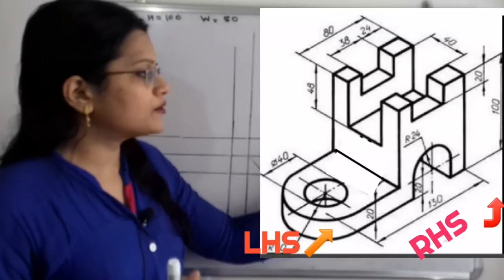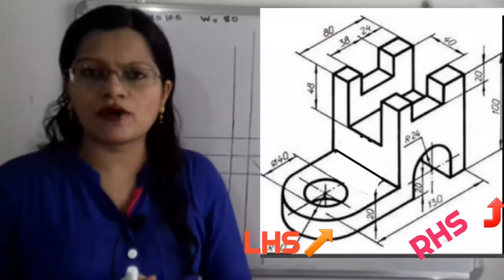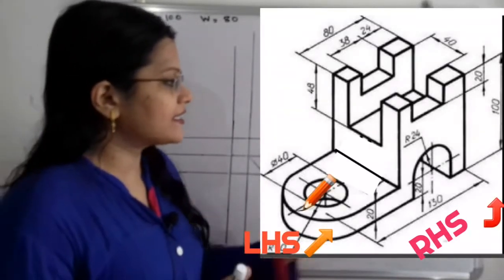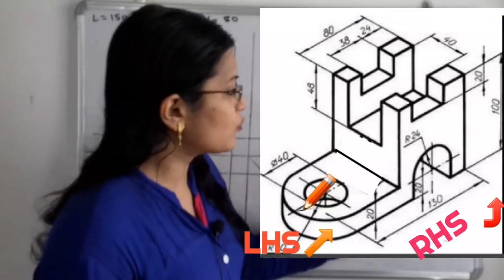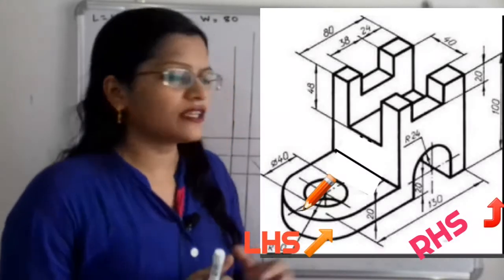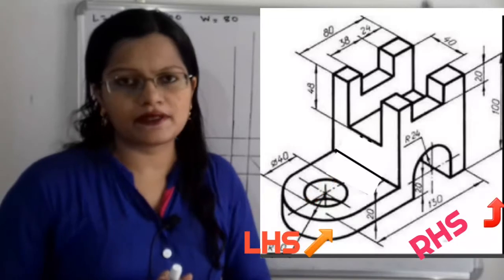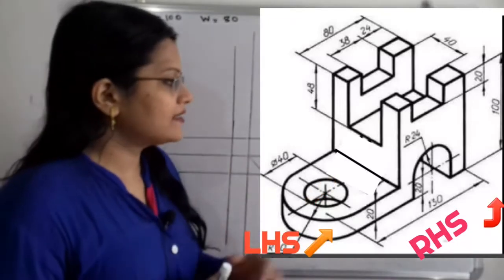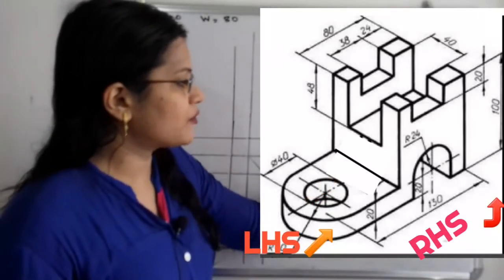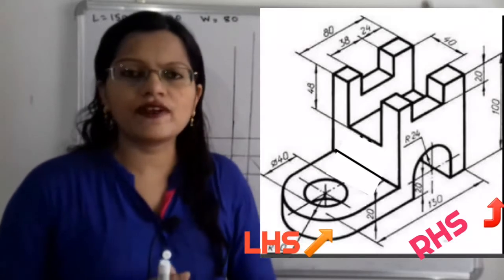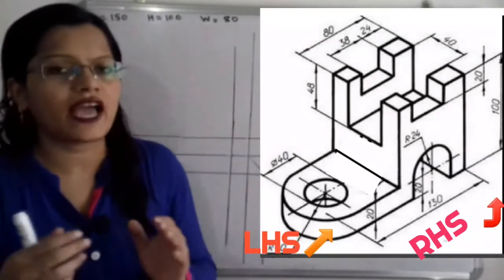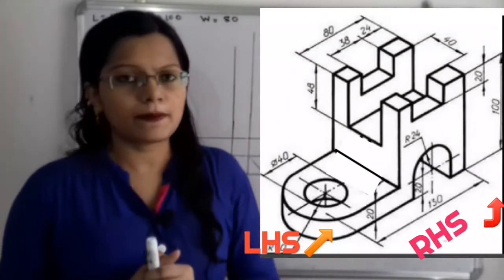If we observe this object, the right hand side has a length of 130 plus the remaining 20, that is 150 millimeter, and the left hand side has only 40 plus 40, that is 80 millimeter. So we will select as the front view the side with length 150 millimeter.